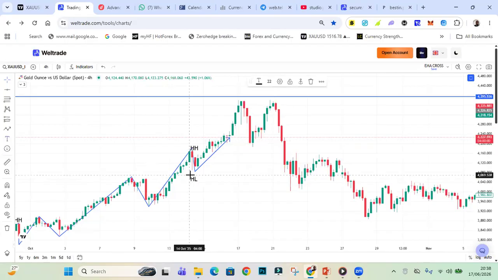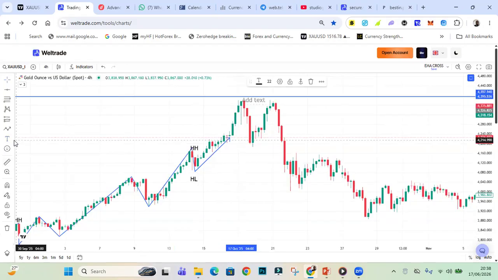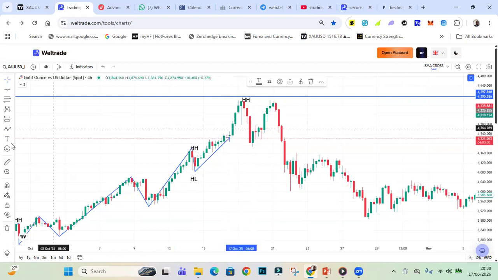Don't forget that I skipped some because I wanted to move faster. Now, let's assume I move this guy to this place. So you now have this as a higher high. It's higher than this one.